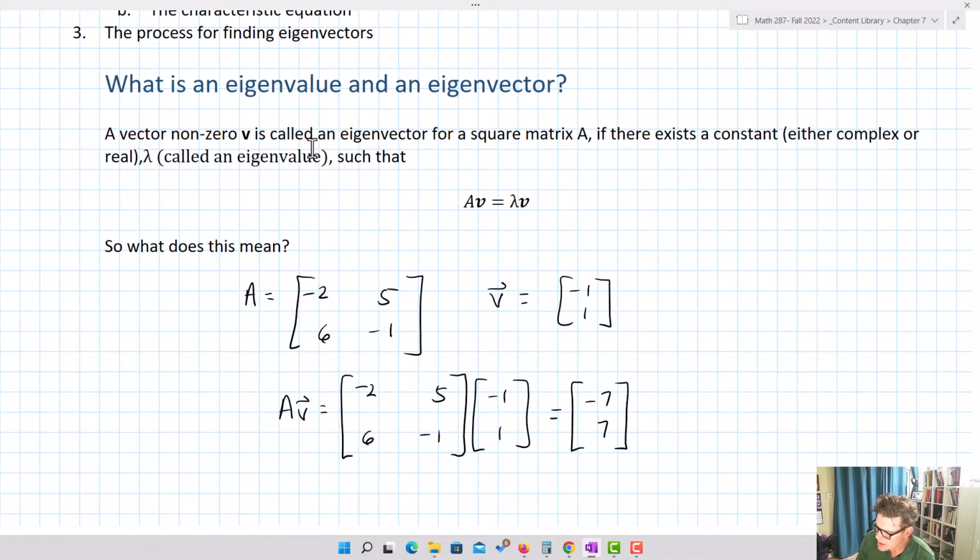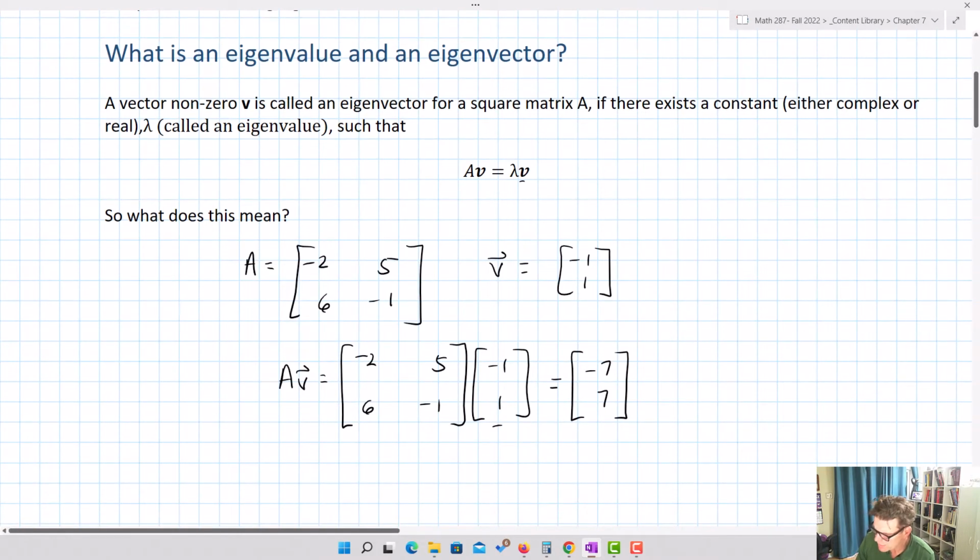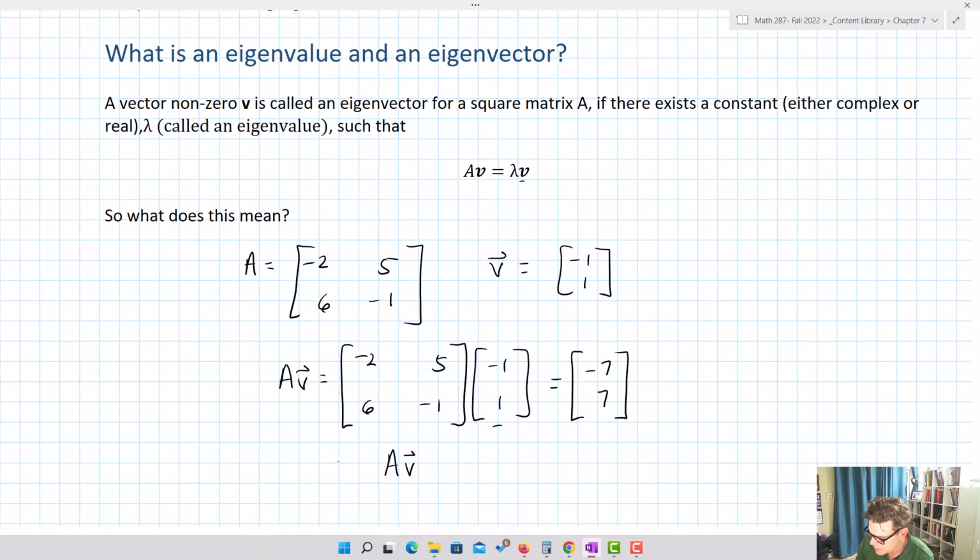Now what you want to notice is that [-7, 7] is a scalar multiple of our vector V. So AV, A times [-1, 1], equals 7 times V. So [-1, 1] is an eigenvector, and lambda equals 7 is its eigenvalue.